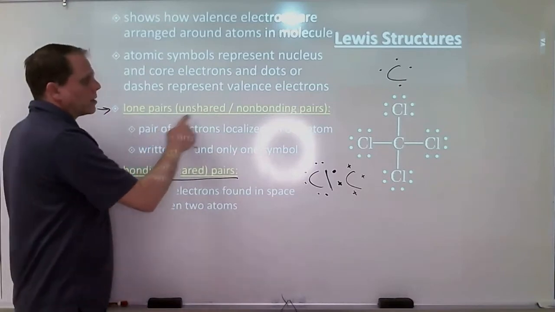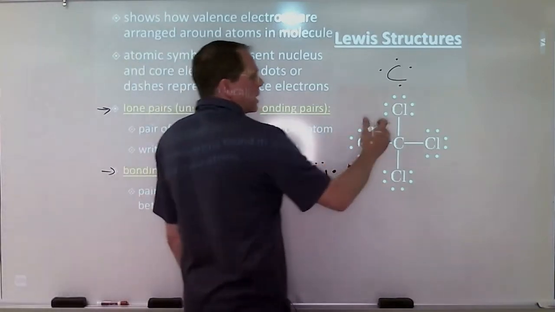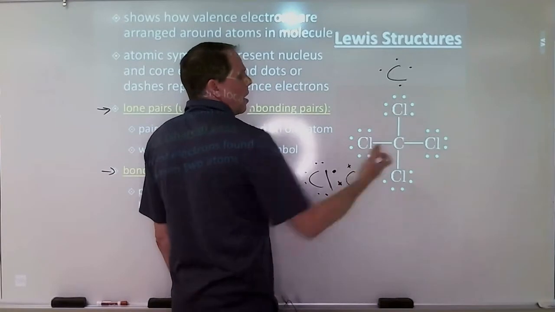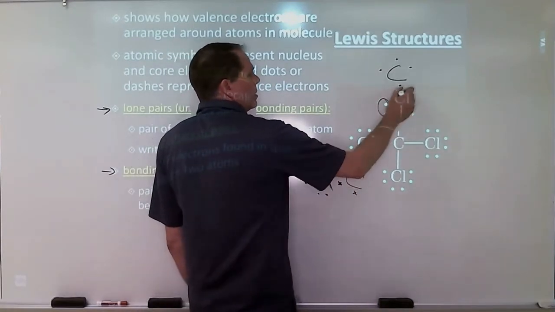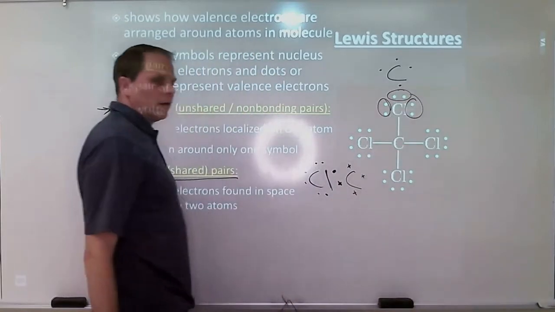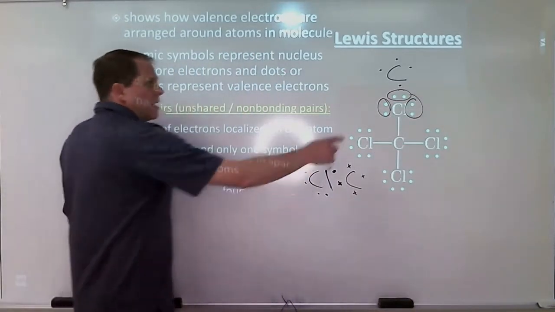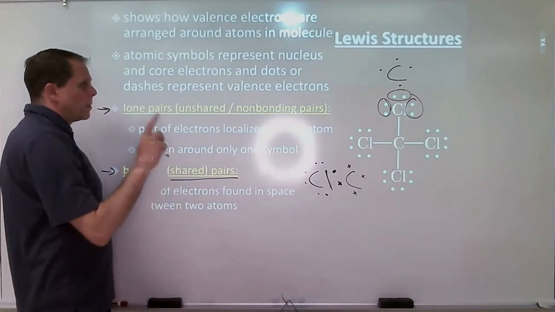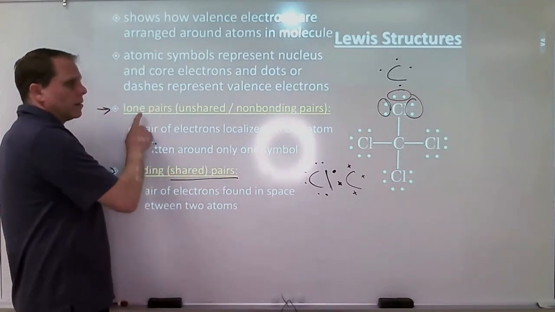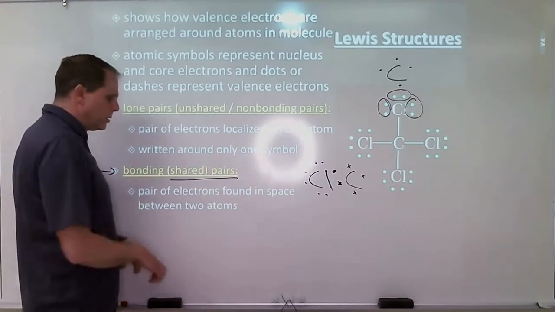Now the lone pairs are the ones that are non-bonding. So in this case, carbon has 4, and all of carbon's end up becoming bonding pairs. But chlorine doesn't have all of its electrons bonded. 3 sets of electrons on chlorine are not bonded, so it's got 3 pairs that are lone pairs. Okay, so chlorine has 3 lone pairs.